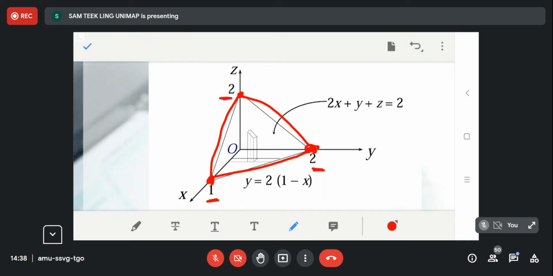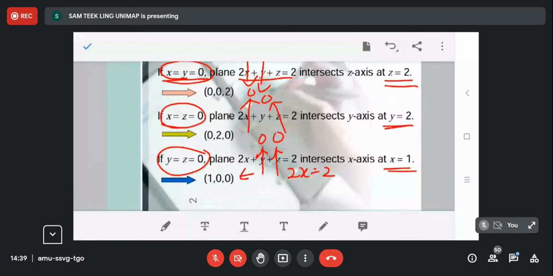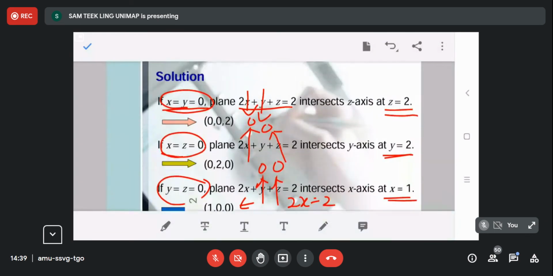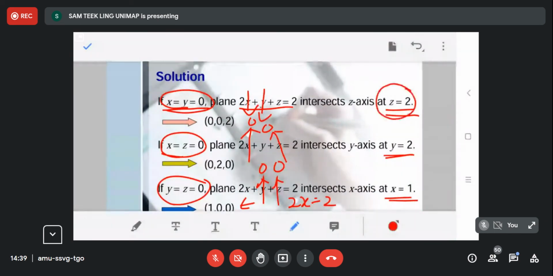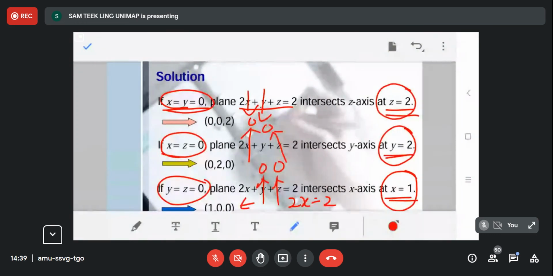So your x equals 1, y equals 2, z equals 2. That one comes from here. So z equals 2, y equals 2, x equals 1. After you replace the other two equal 0, you will get the axis value.